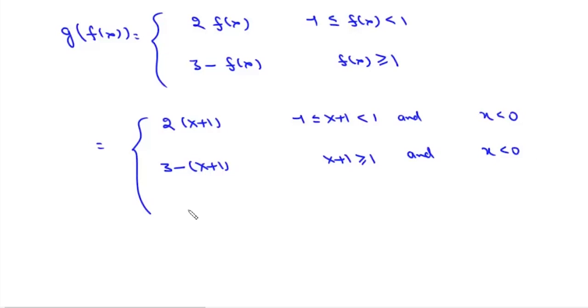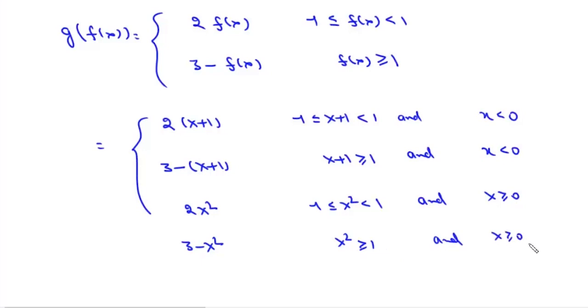Now the next definition is x square, so it will be 2x square when x square lies between -1 and 1, and x is greater than or equal to 0, and then it will be 3 minus x square when x square is greater than or equal to 1, and x is greater than or equal to 0.